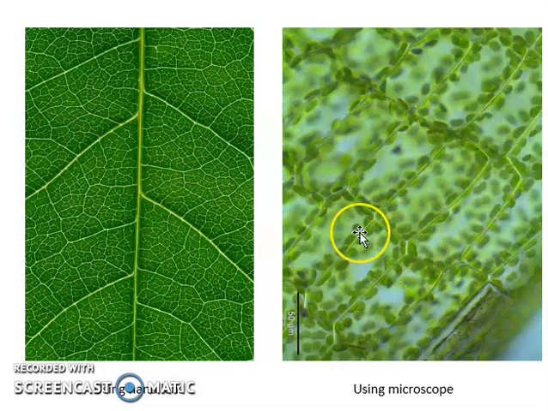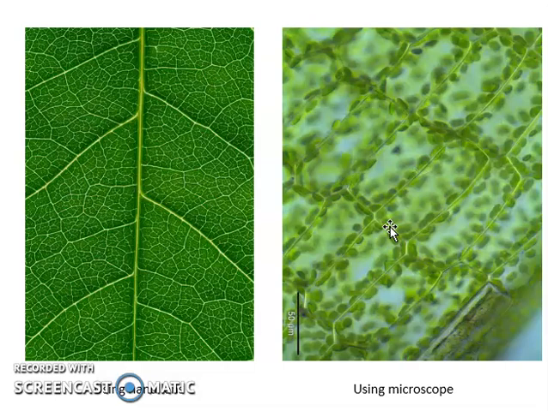This picture is captured using a microscope, and they zoomed it 400 times. Imagine that. This leaf is just using a hand lens, so they magnified it using a microscope 400 times.